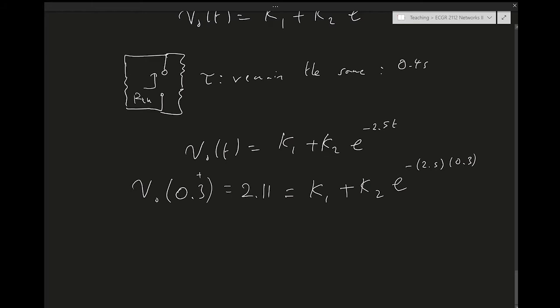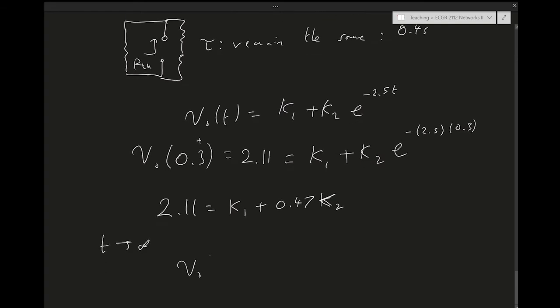So that gives us the first equation. If we do the calculation, we will end up getting 0.11 equals K1 plus 0.47 K2, right? And then the second equation comes from taking t to infinity.